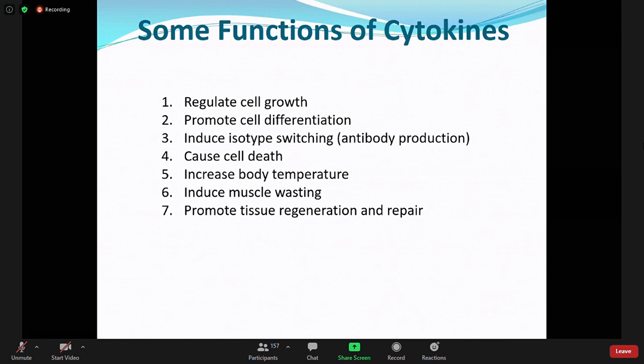Some of them include regulating cell growth, in other words, stimulating proliferation.